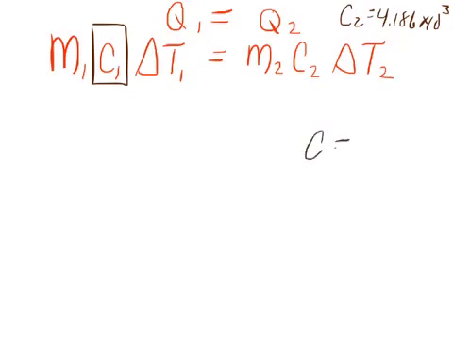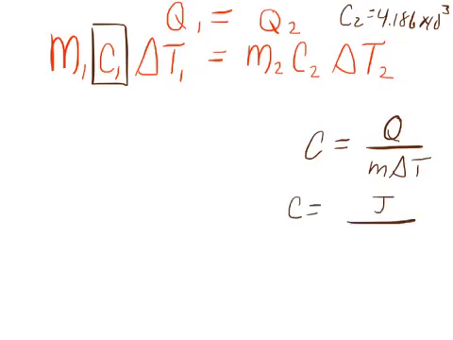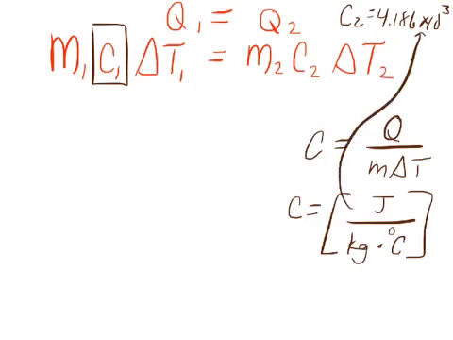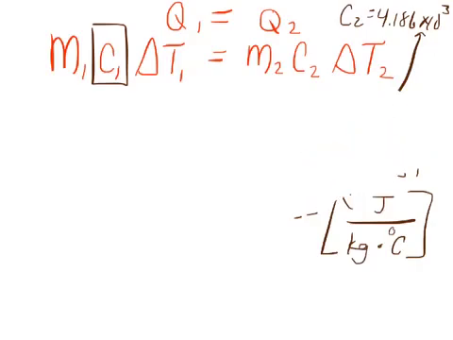Our equation said C equals Q over M delta T. So the units of C are simple. Q is measured in joules, mass is kilogram, change in temperature is degrees Celsius. So those are going to be the dimensions of C: joules per kilogram degree Celsius. So those are going to be the units that go up here with C2. I'm going to erase that so we can work.